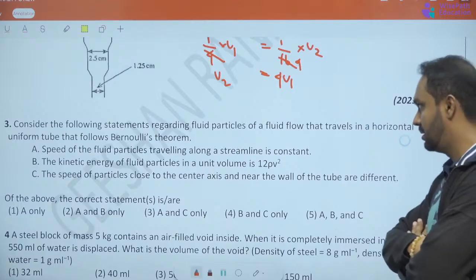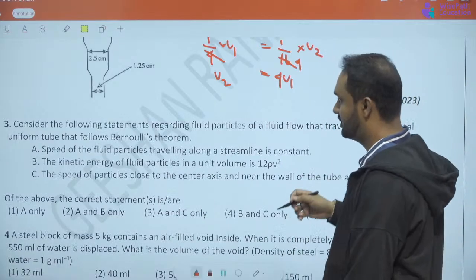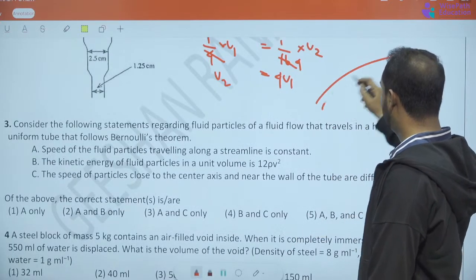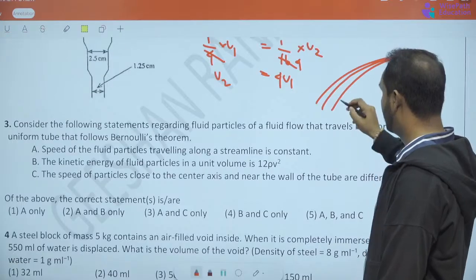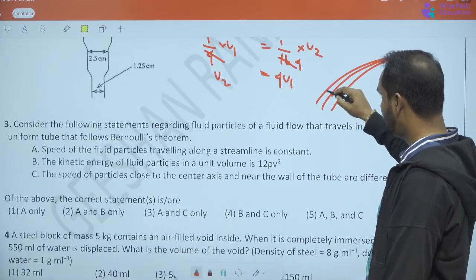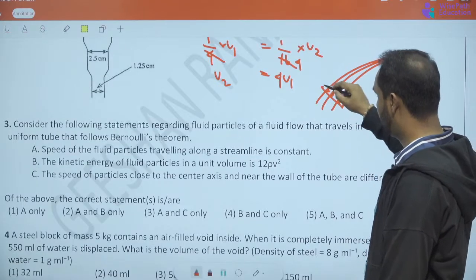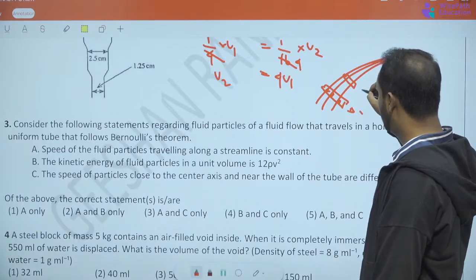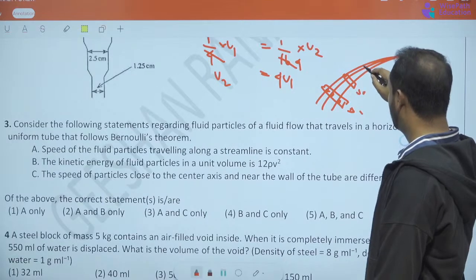Yeah. So this is basically correct. The speed of the liquid particles traveling along a streamline is constant. So if you take the fluid particles traveling along a streamline, their velocities at these points are equal, right?